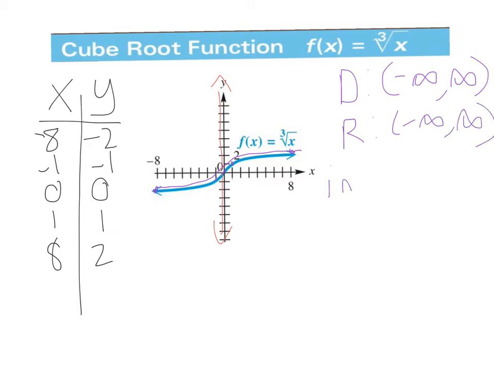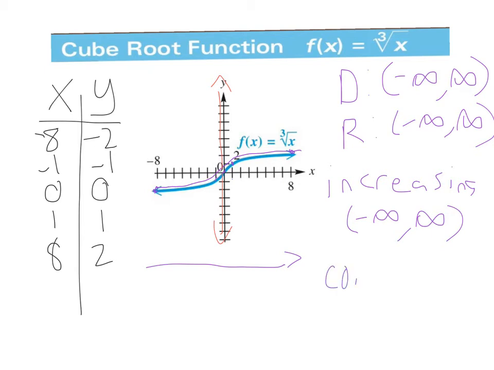And it's increasing. Notice as the x values increase, the y values are still increasing, so it'd be from negative infinity to positive infinity. And it's continuous. There are no discontinuities, so it's continuous over the entire domain, from negative infinity to positive infinity.